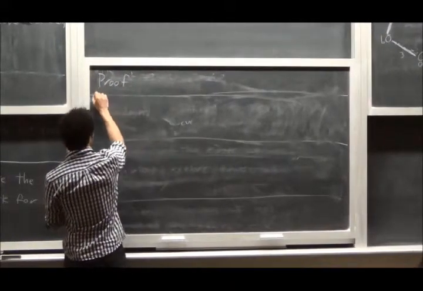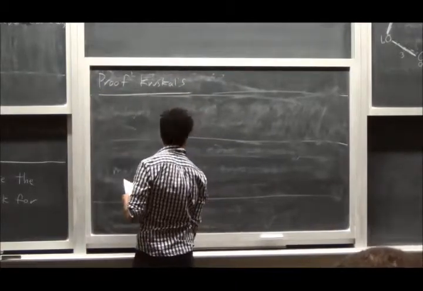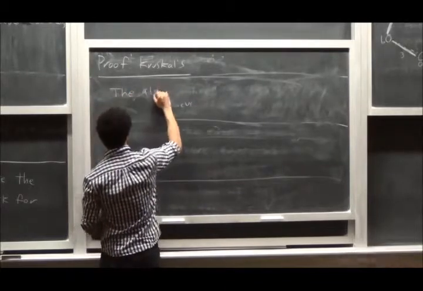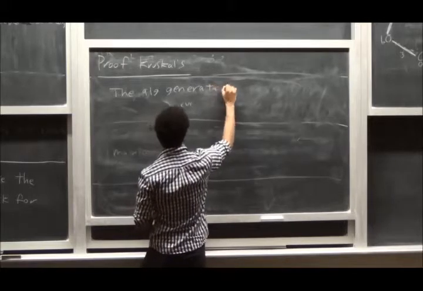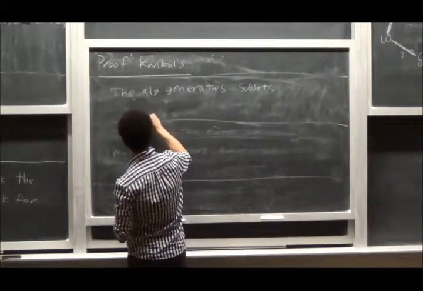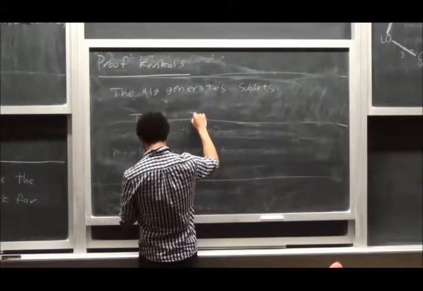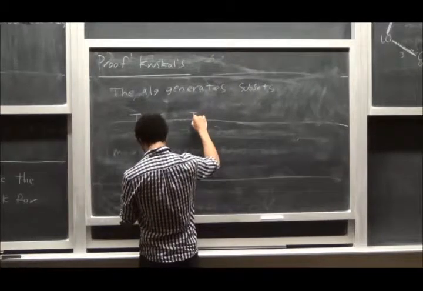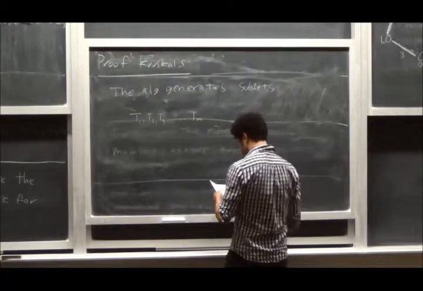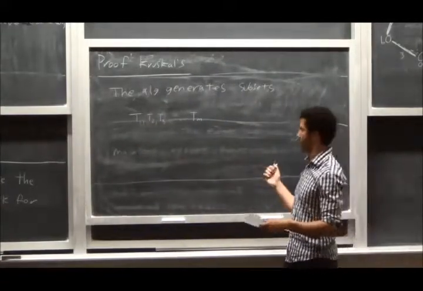So if we want to explore the algorithm, the general idea is that, just like before, we're going to consider the building of the set from T1 all the way to some sort of ending point TM.